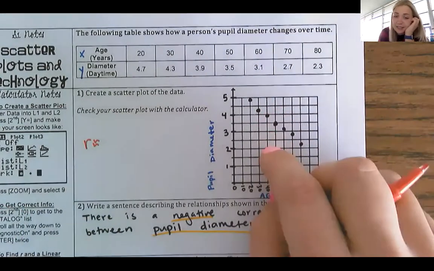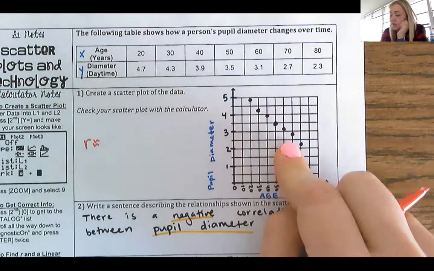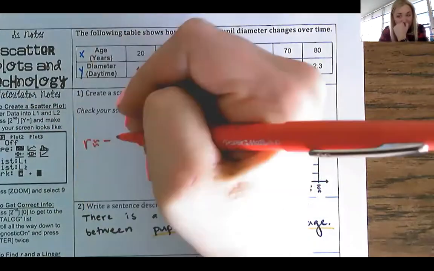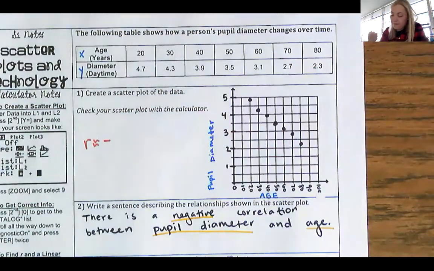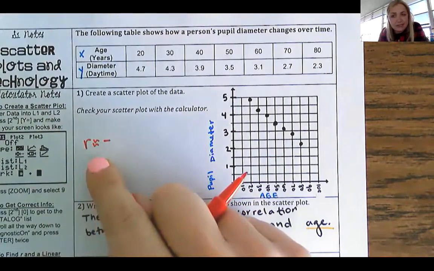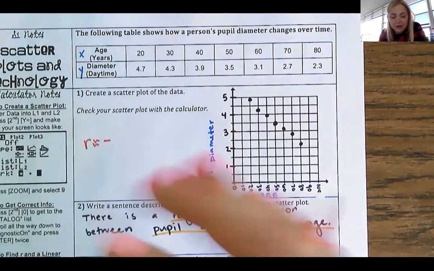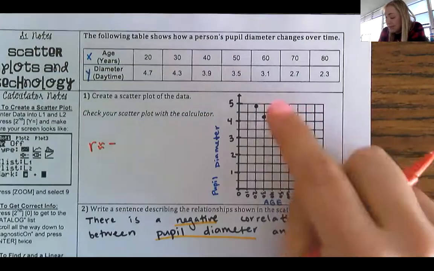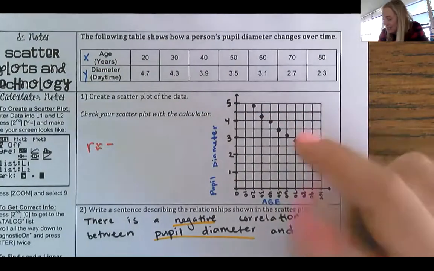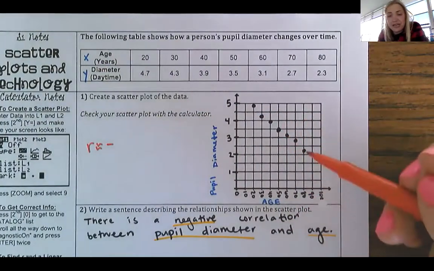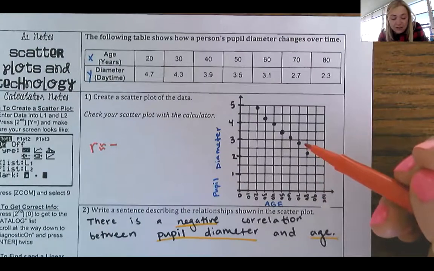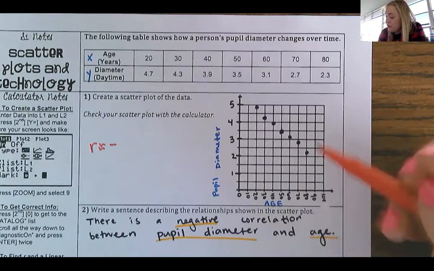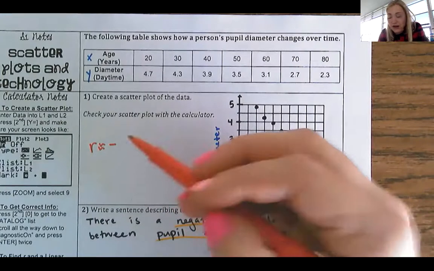Well, I can see that this graph goes pretty steadily downhill, so I know R is going to be a negative correlation coefficient. Notice I put the estimations because this is not an exact number. I am literally doing a quite educated guess, but that is almost perfectly in a straight line. But I don't know if it's exactly in a straight line, but it's really, really, really darn close. I want you to put your estimation of what you think R is. Maybe it's 0.